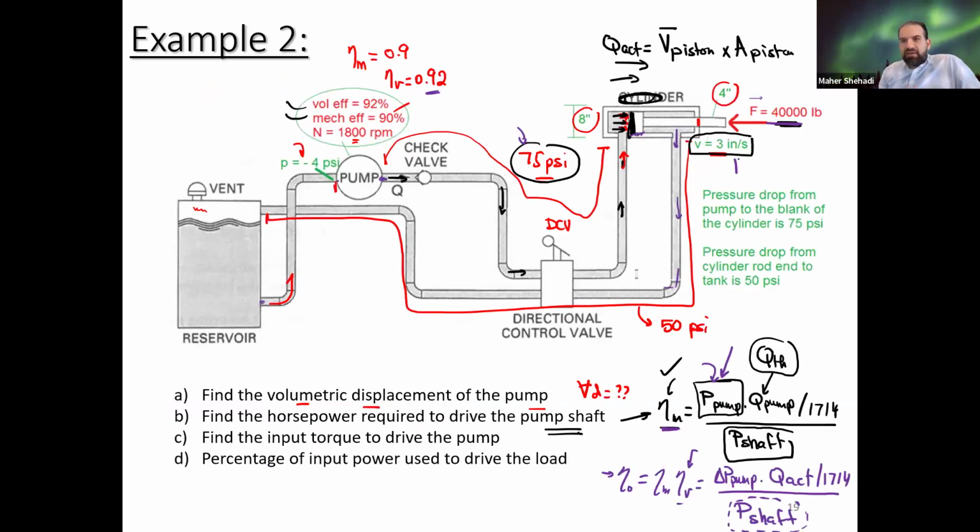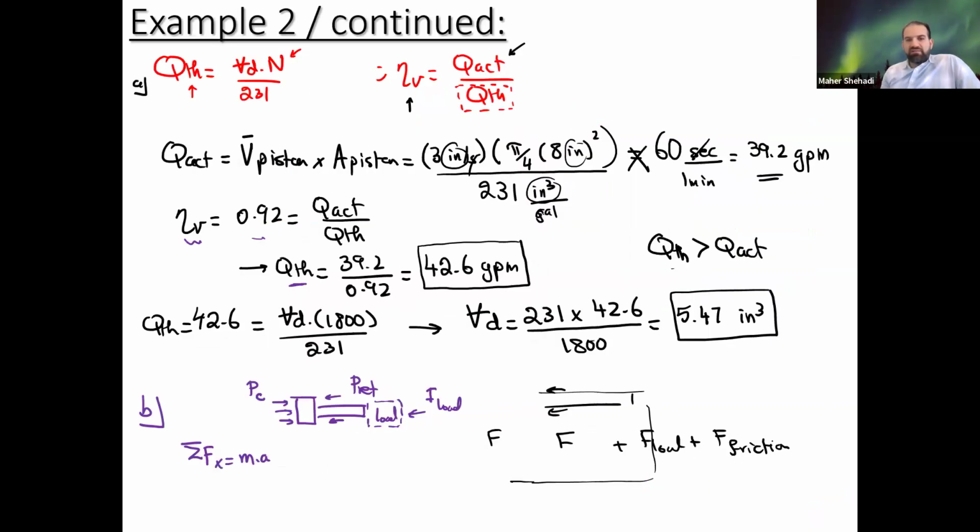They didn't give much. They're not saying it's accelerating, decelerating. They just said the piston is moving at this speed, so we're going to assume it's constant. That makes the acceleration equal to zero, and this would be equal to zero. We already discussed this last time, and we used that equation.